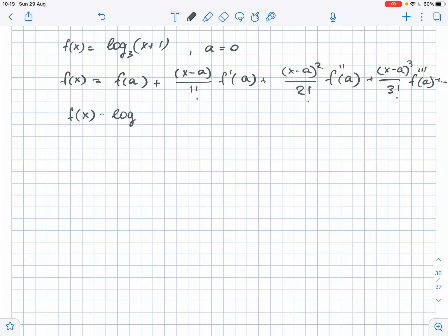So here in our case, f of x equals logarithm base 3 of x plus 1 and a equals 0. So let's substitute the values.